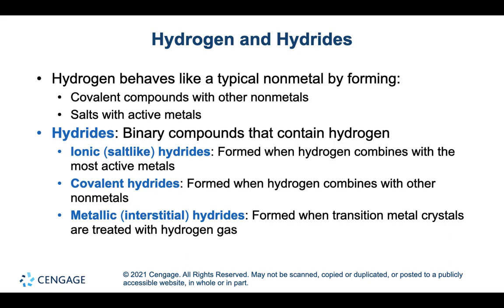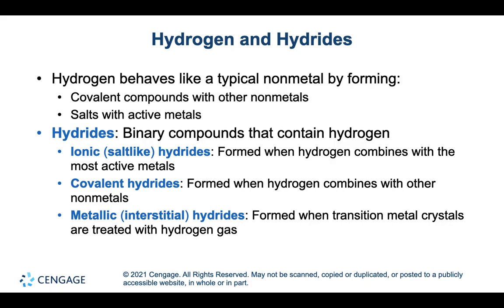We call those hydrides. They're binary compounds that contain hydrogen as the negative ion and some active metal as the positive ion. So they're sort of salt-like, like NaCl, except it's NaH. They're formed when hydrogen combines with most active metals. Covalent hydrides are when hydrogen combines with nonmetals like oxygen or sulfur, H2S, H2O.